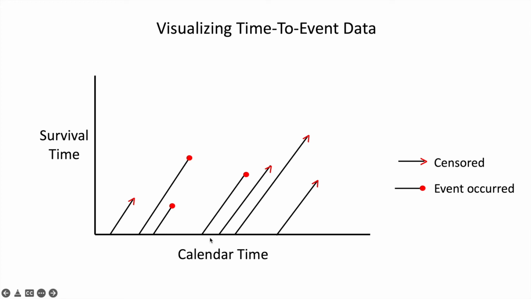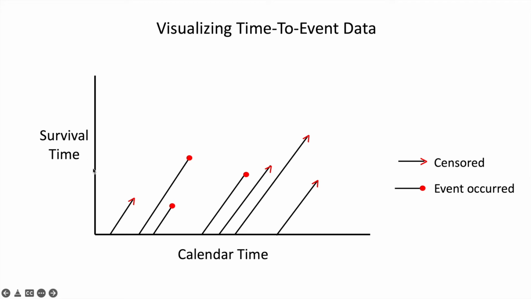If you want to take into account both survival time and calendar time, you're able to do this thing called a Lexis plot, where we have when the person began being followed, and we also have their survival time.